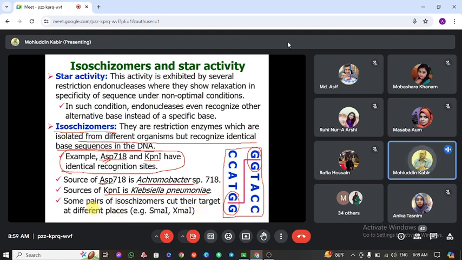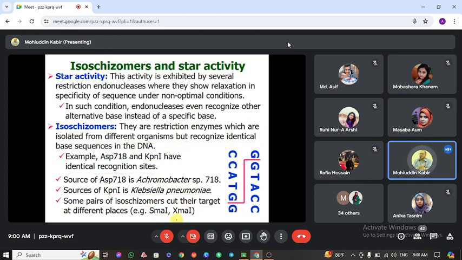As I mentioned, some pairs of isoschizomers cut their target at different places, but they recognize the same palindrome sequence. For example, SmaI and XmaI. This is a pair. These two enzymes will recognize the same palindrome sequence, but the cutting pattern would be different.